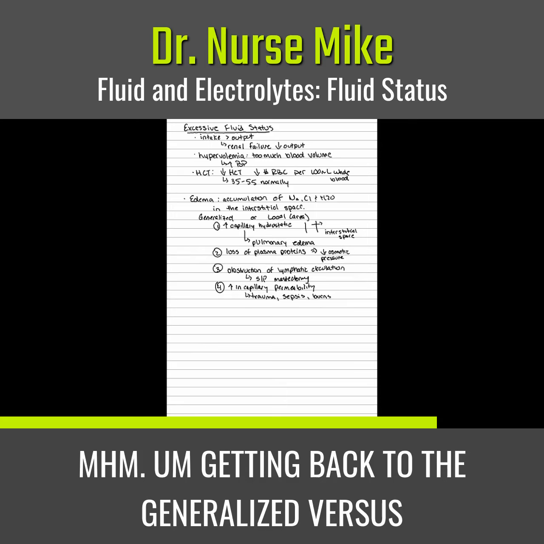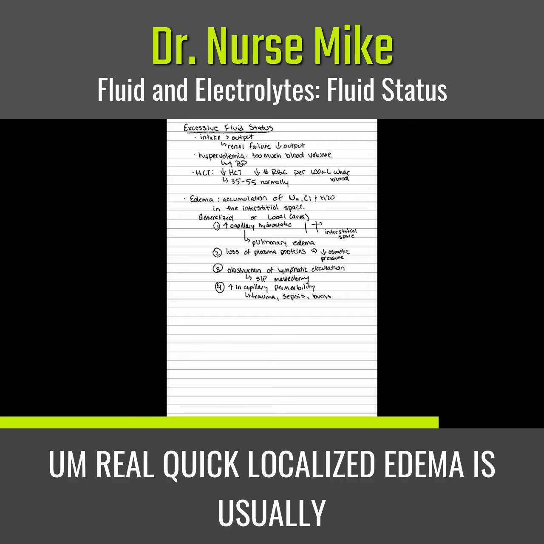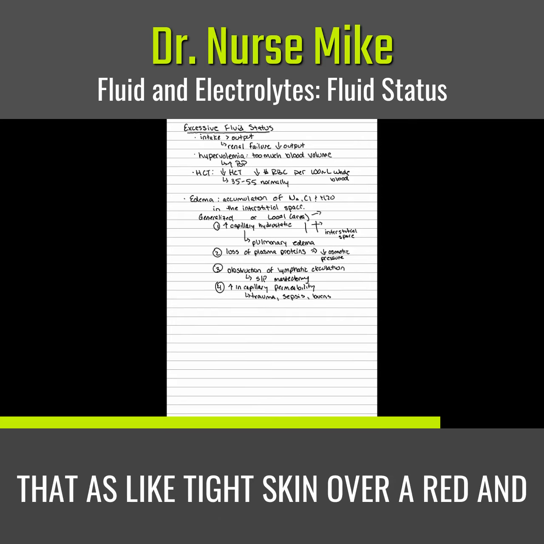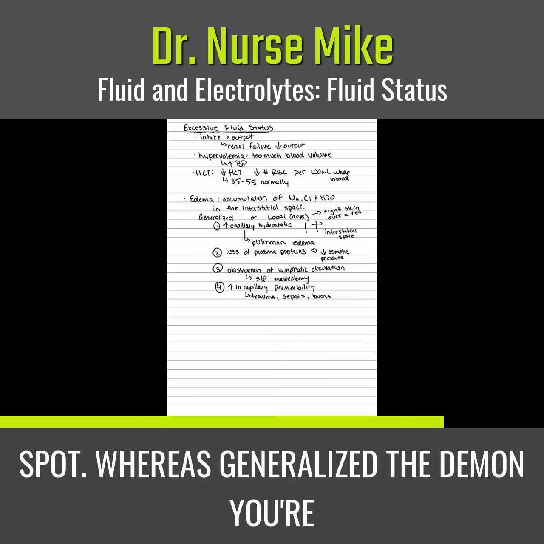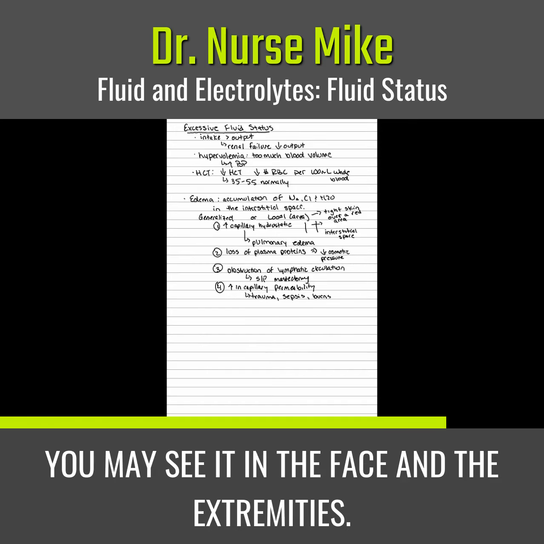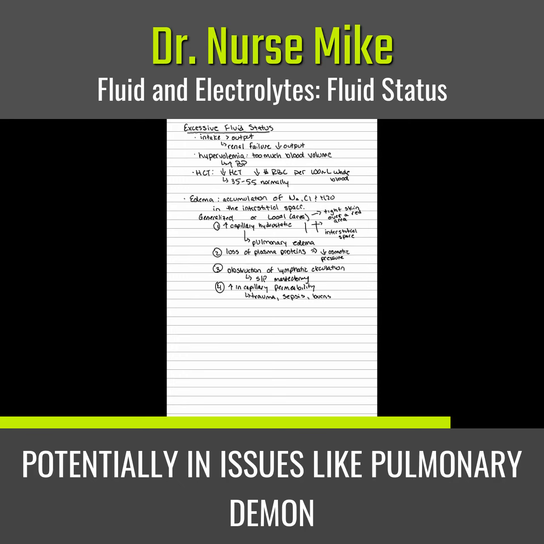Getting back to generalized versus localized edema real quick, localized edema is usually non-pitting, and you'll see it as tight skin over a reddened area, just in one spot. Whereas generalized edema, you'll notice in multiple spots. You may see it in the face and the extremities, and it can present in issues like the pulmonary edema we talked about.